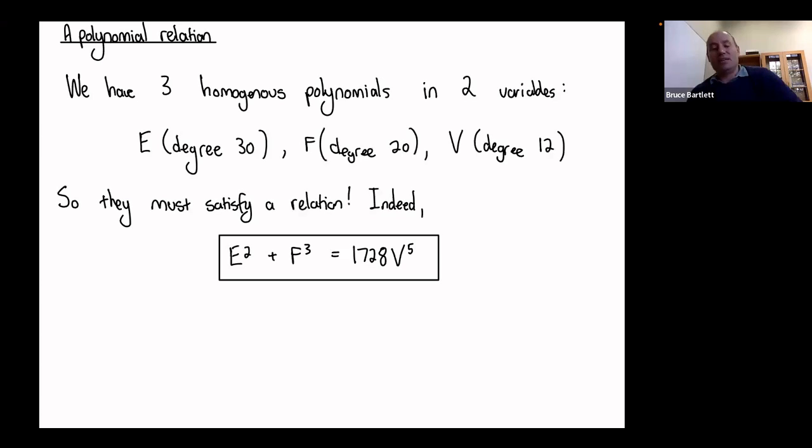And indeed, you can check this one. The first opportunity for them to satisfy a relation would be in degree 60, and you can actually check: if you calculate e squared plus f cubed, you get 1728 b to the 5. Now, if you see an equation like this, what does this remind you of? Where have you seen the number 1728? Where have you seen an equation like this before?